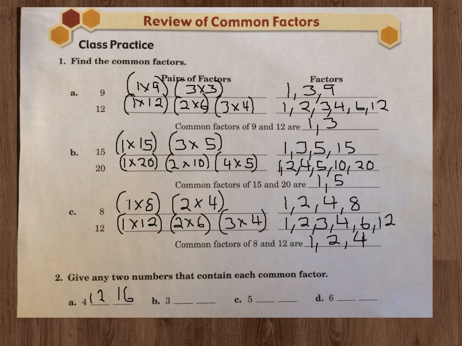B, for 3, what are two numbers that 3 goes into? I know 3 goes into 18, I know 3 goes into 12. So there are different ones that you could put down. I'll let you do C and D on your own. And you will do the rest on your own, but I want to show you something to help you finish what you're working on here.